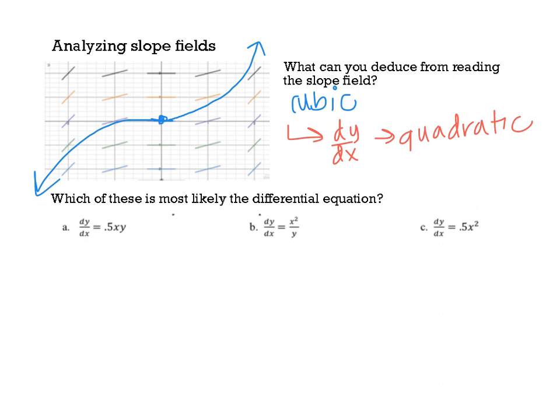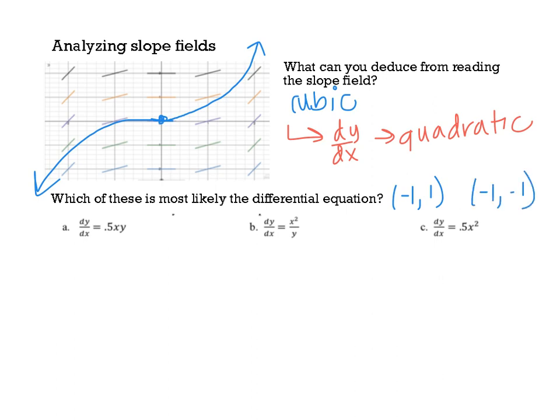That can kind of help guide you in this next question. So which of these is most likely the differential equation? What you're going to want to do is pick a couple of test points, usually in 2 different quadrants, so you can test it out. So I'm going to pick one in the second quadrant, a point -1, 1, let's say, and then I'll pick -1, -1.